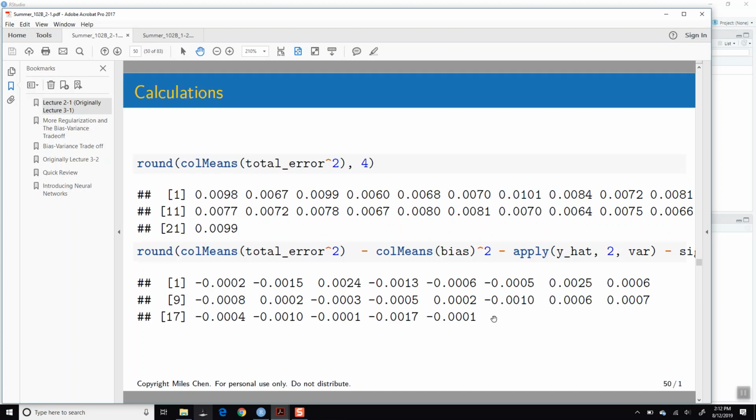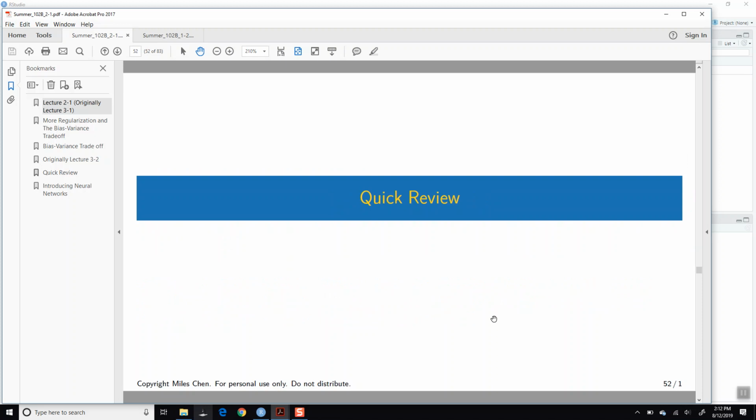Before I move on, and before I get into gradient descent, let's pause. There was a lot we've covered. We saw matrix notation for ordinary least squares regression. Today we talked about regularization.